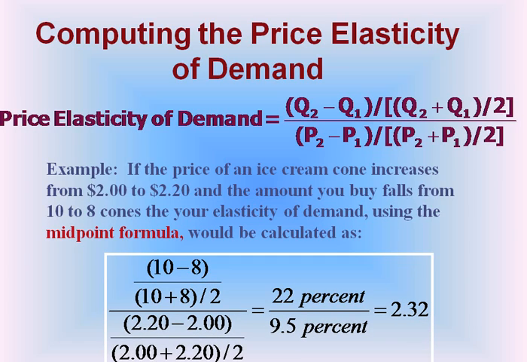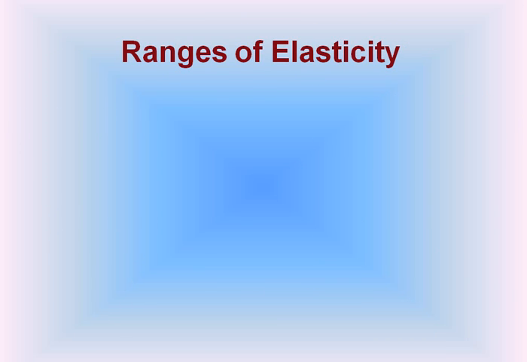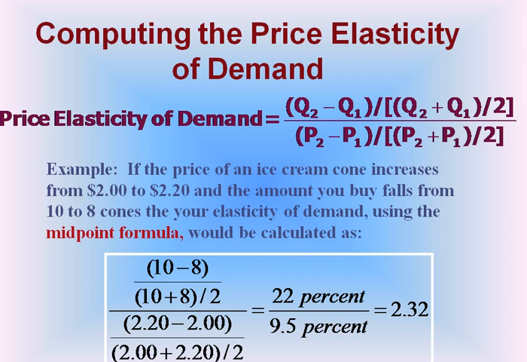Original demand is 10. Then 8 minus 10, and 2.20 minus 2, so we will get 2.32.